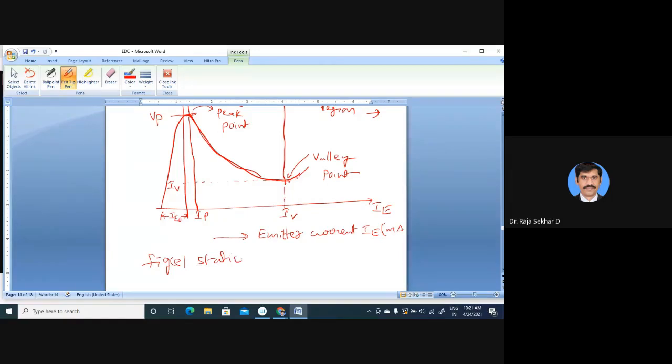This is called static emitter characteristic of UJT.